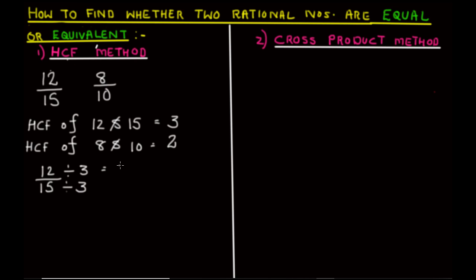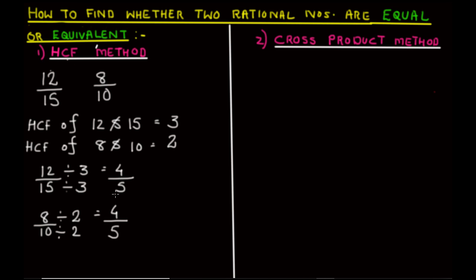So here we are. 12 divided by 3, you get a 4. 15 divided by 3, you get a 5. Now let's take the second rational number, 8 by 10. We found out that the HCF of 8 and 10 is 2, thus dividing the numerator 8 by 2 and the denominator 10 by 2, how much do we get? 4. 8 divided by 2 is 4. 10 divided by 2 is 5.